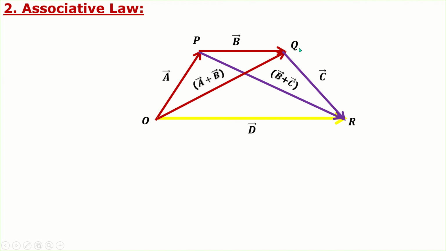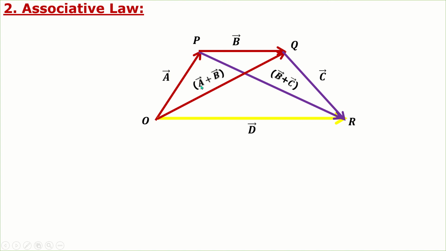OPR we have already taken. Now we can take this triangle, that means OQR. Follow properly if you want. In triangle OQR we can write OQ vector plus QR vector. This equals what?